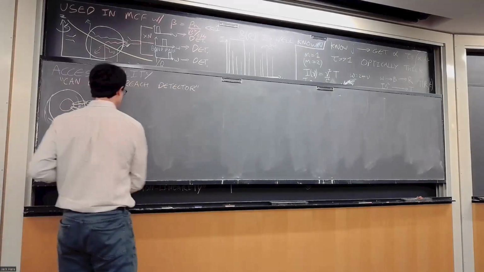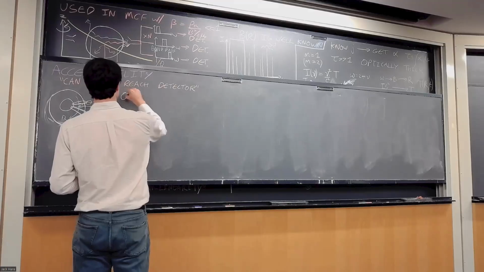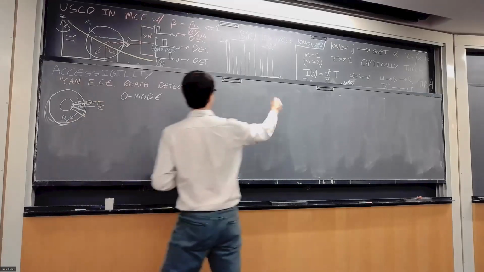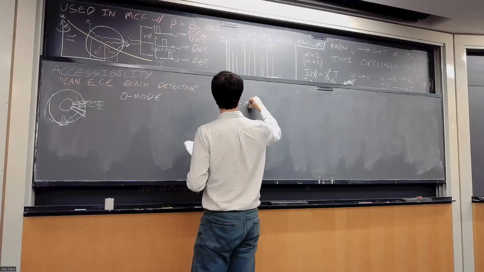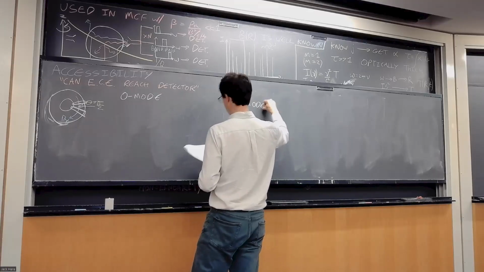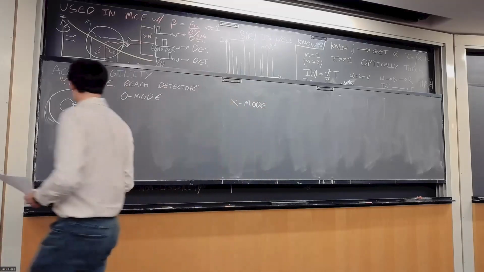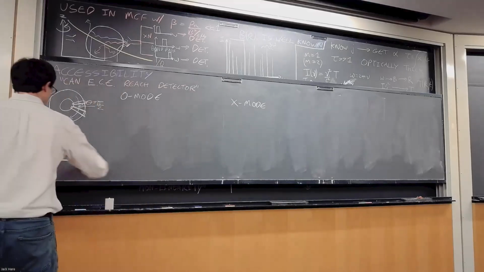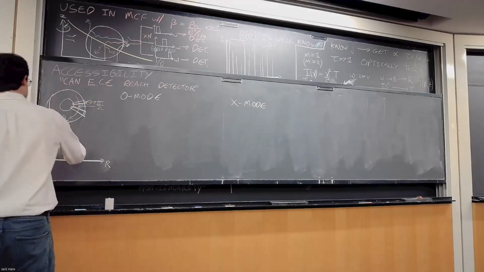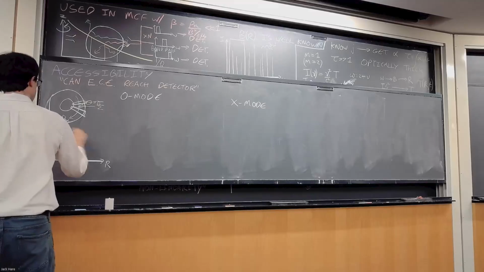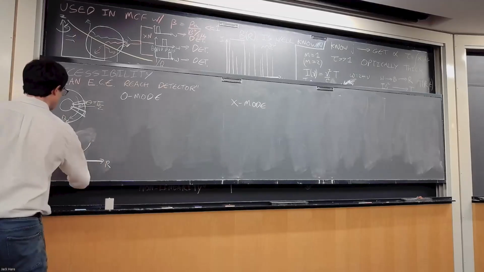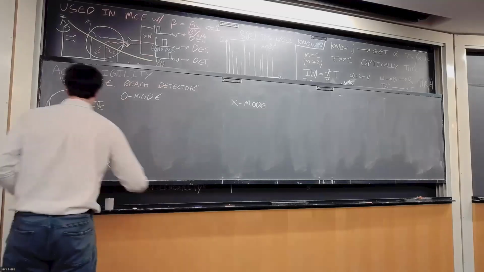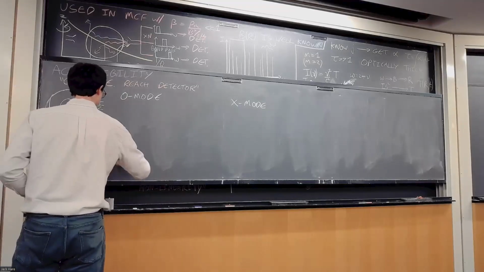We'll start with the O mode, because it's much easier. The other mode is the X mode. So once again, we think about our plasma as a circular cross-section and a magnetic field which falls off as roughly 1 upon r.